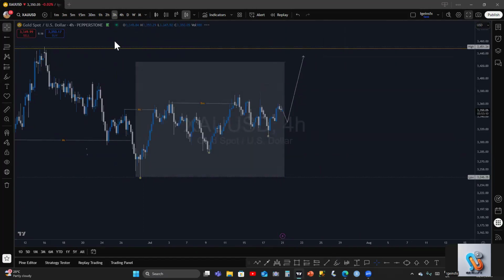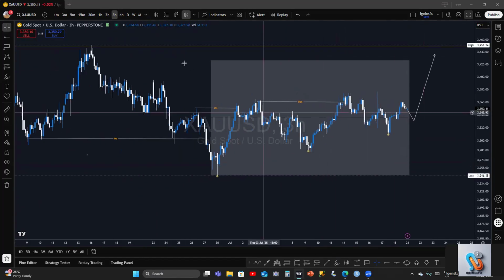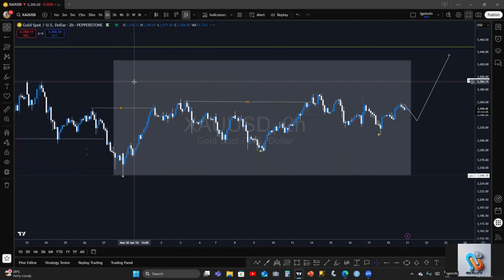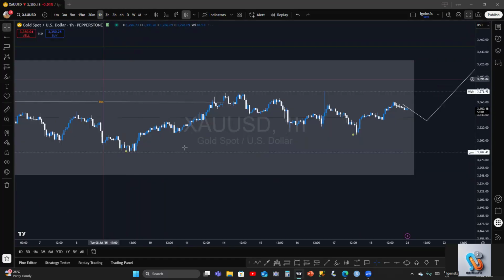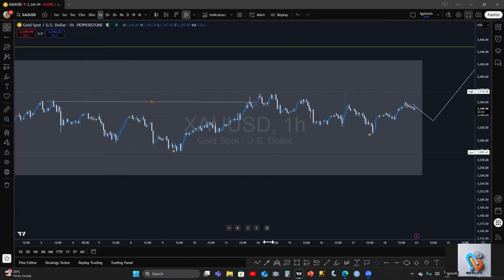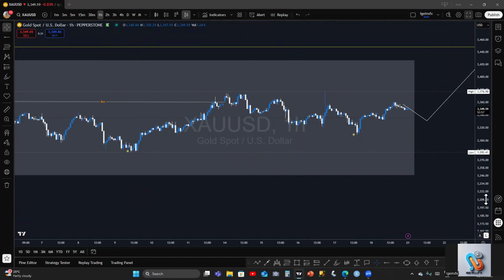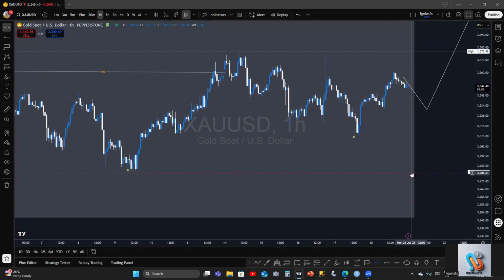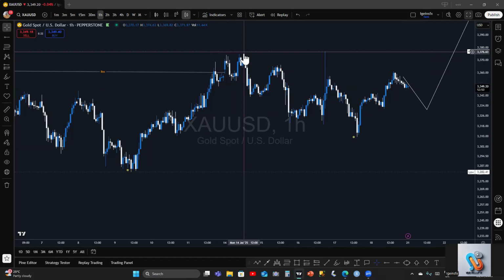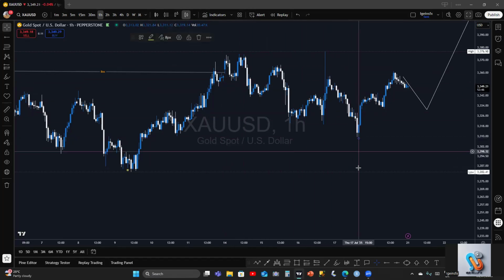So we now scale down to 3 hours, the same scale down to 2 hours, then finally 1 hour. So remove this, let's see clearly. You can see that price is gradually making its way to the upside.